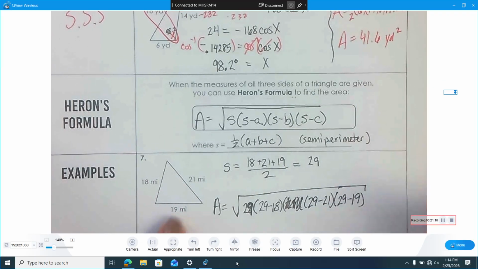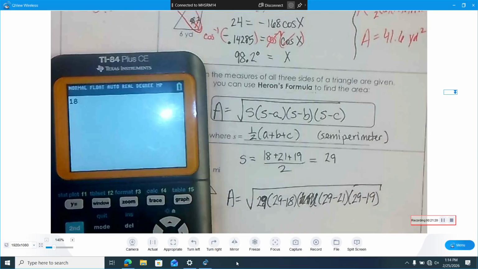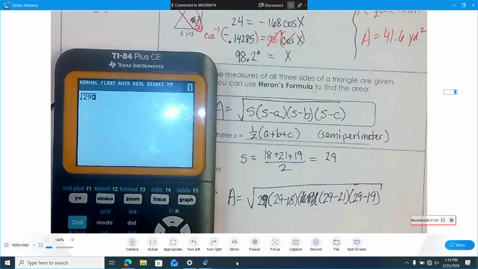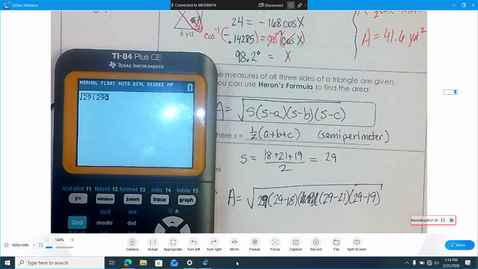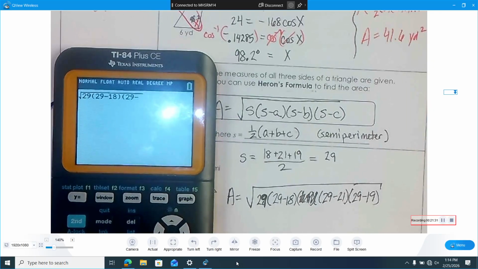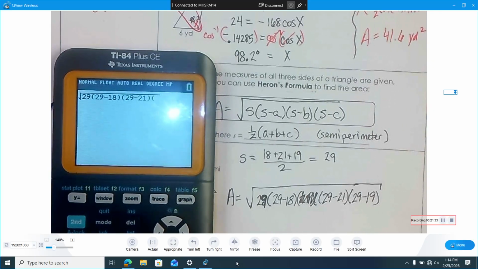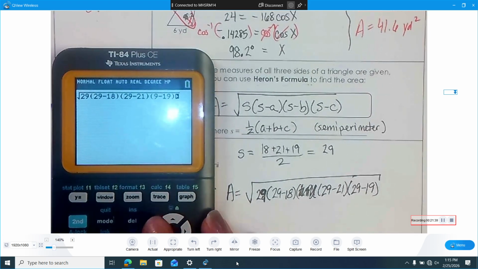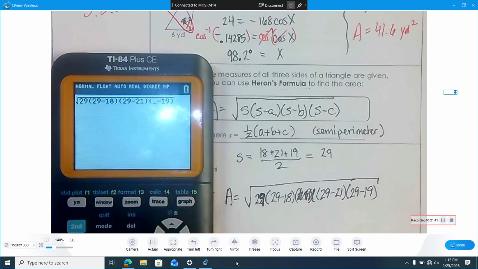And I would just write it out like that, and then plug it in your calculator all at once. So 29 times 29 minus 18 times 29 minus 21 times 29 minus 19. Crazy. I forgot a 2. Thank you. There, that's better.